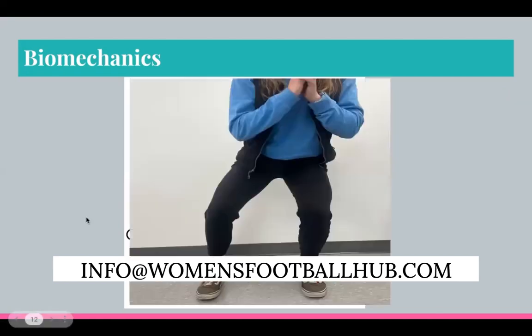Also, our bodies are pretty smart. So this picture here is a common movement pattern that we see with people after ACLR. So in this picture, we're going to pretend that I had an ACL repair on my right leg. And so you can see that I'm really shifting my weight over to my left. And this is what we call a between limb difference.